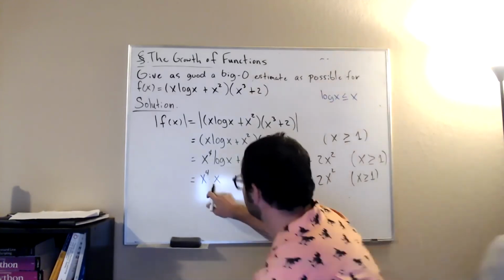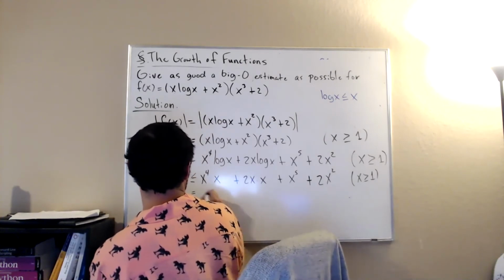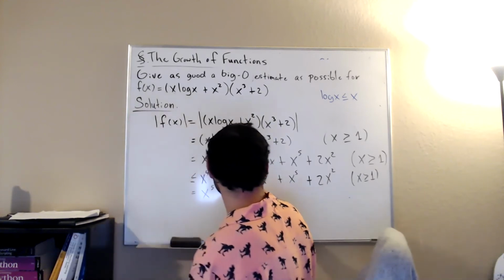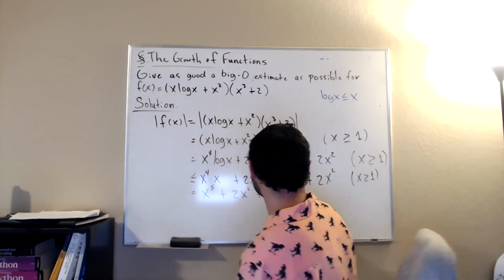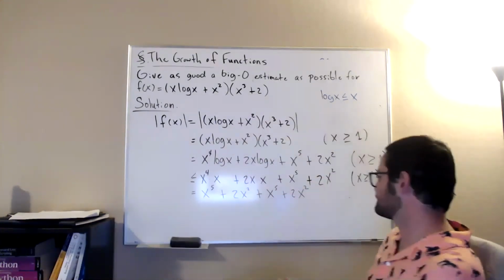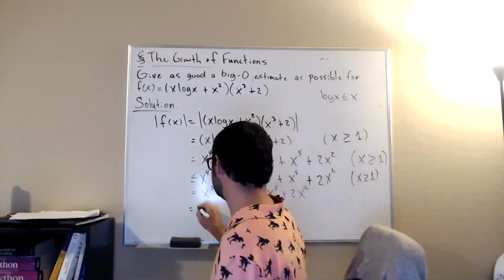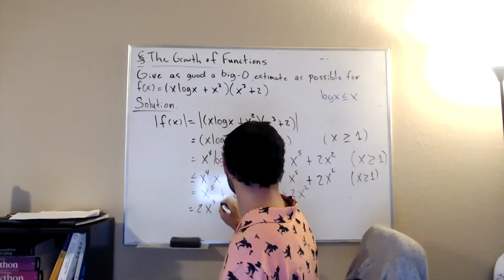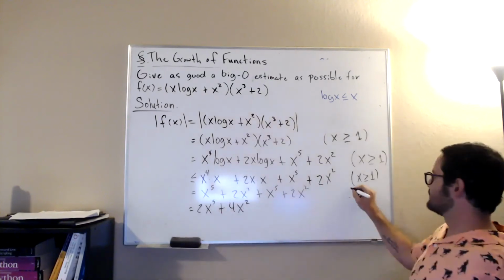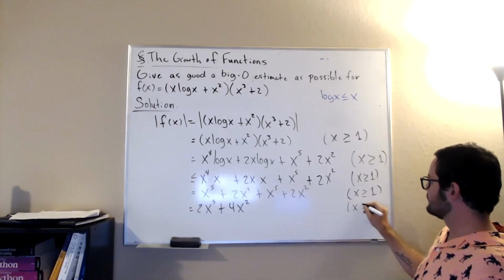So then, what does this become? So this is at most that. And this is going to be equal to x to the power 5 plus 2x squared plus x to the power 5 plus 2x squared. So combining, we have 2x to the power 5 plus 4 times x to the power 2. And again, we're still assuming that x is greater than 1 for all of these to hold.